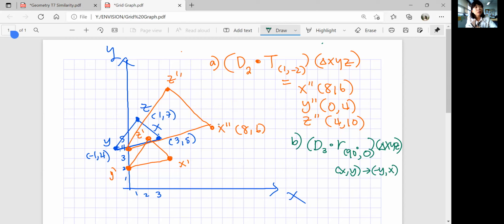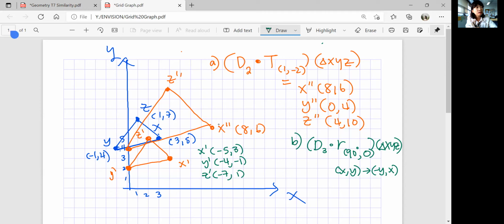Okay, so your X' becomes (-5, 3). Y' becomes (-4, -1). And Z' becomes (-7, 1).